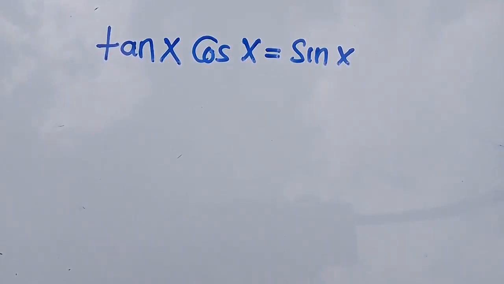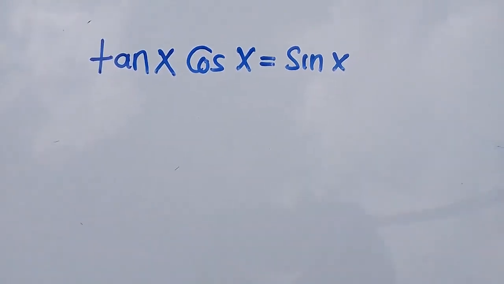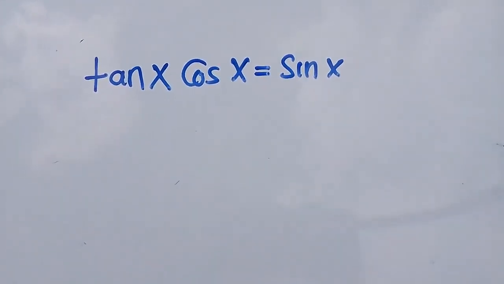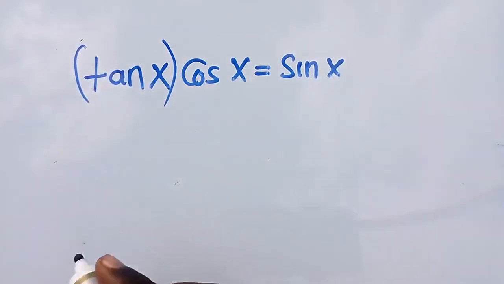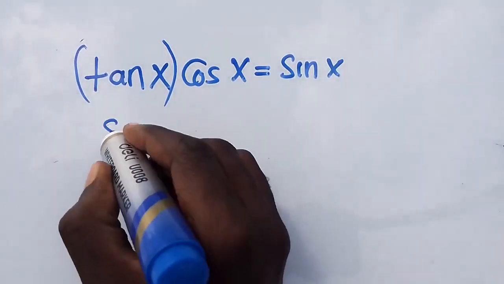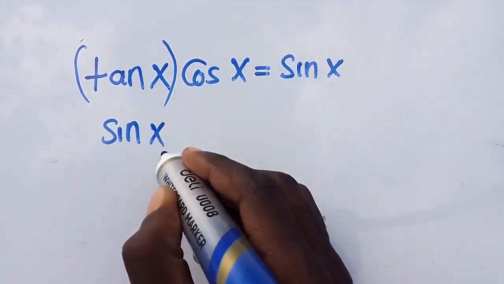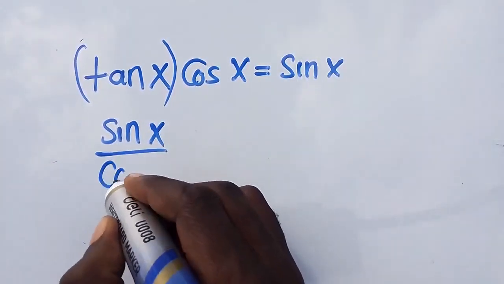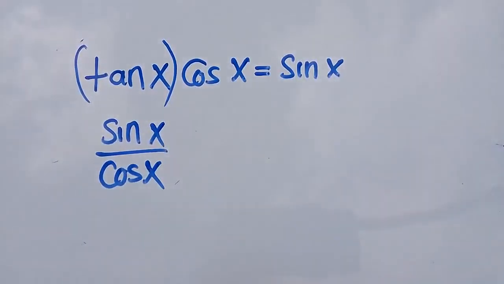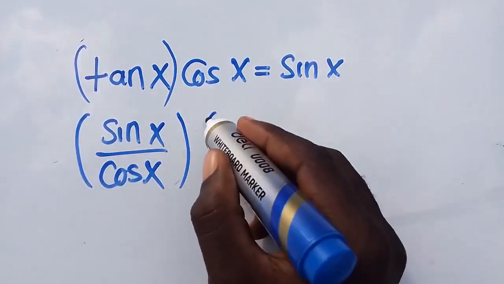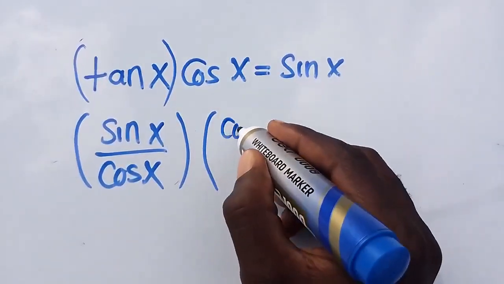This is very simple. I believe you are going to understand what I'm going to do here. What you need to know is: what is tan? Tan is sin x over cos x. That is sine, and it is being multiplied by cos x.